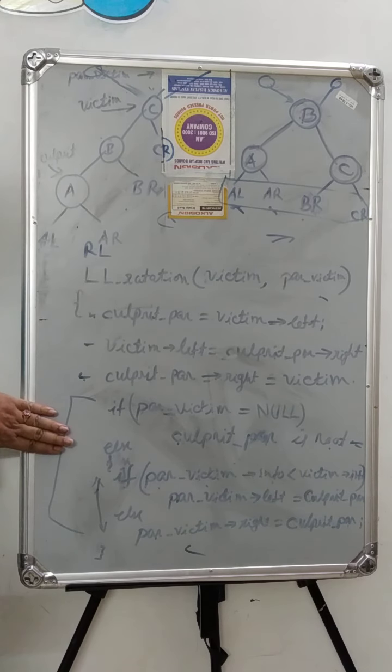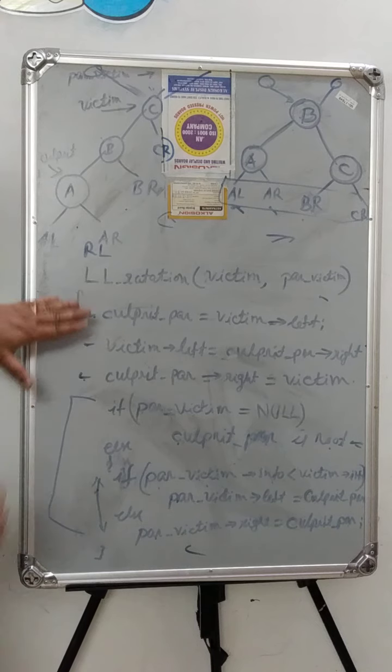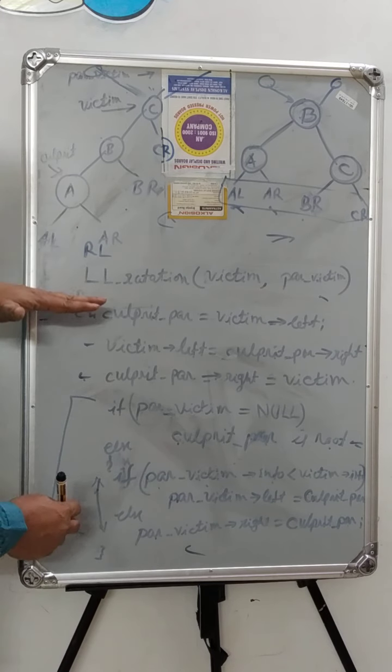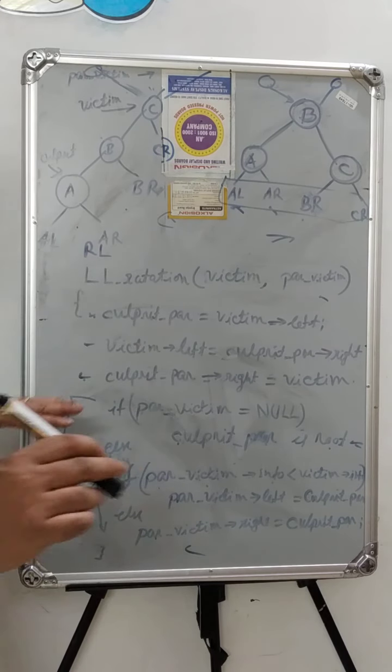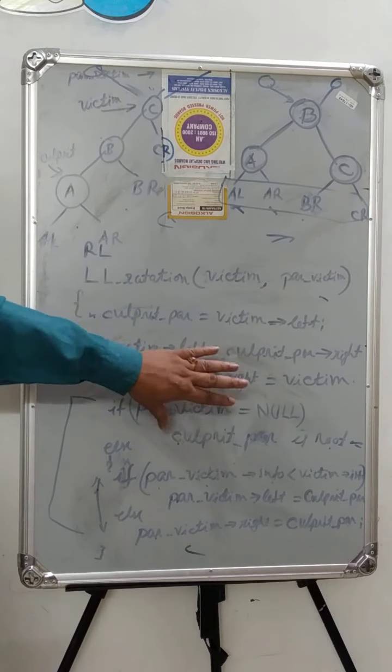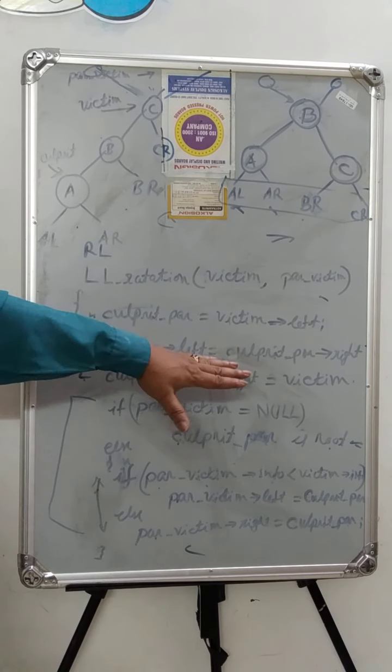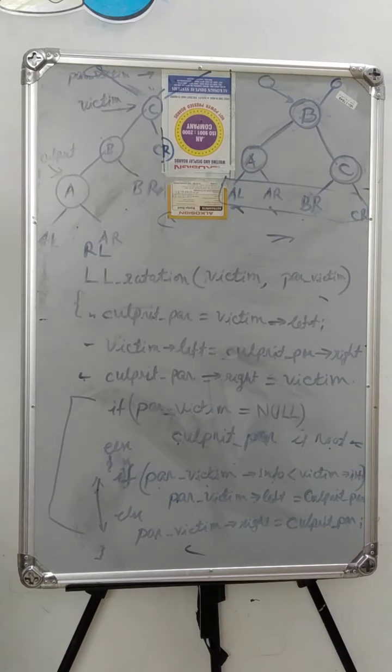But first understand this operation, LL rotation. If you have understood this one, the remaining 3 will be very simple, because only a few statements will change from this set of statements. First understand this one.